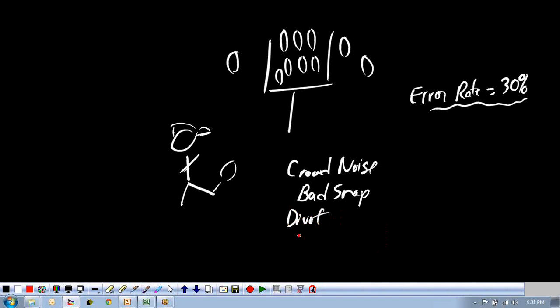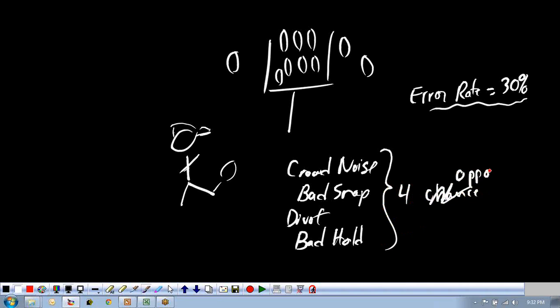Or it could be a bad hold, and so forth. And if we do something like that, now let's suppose we just defined 4 chances for error per kick, or 4 opportunities. Let's use the opportunity language here. 4 opportunities per kick.